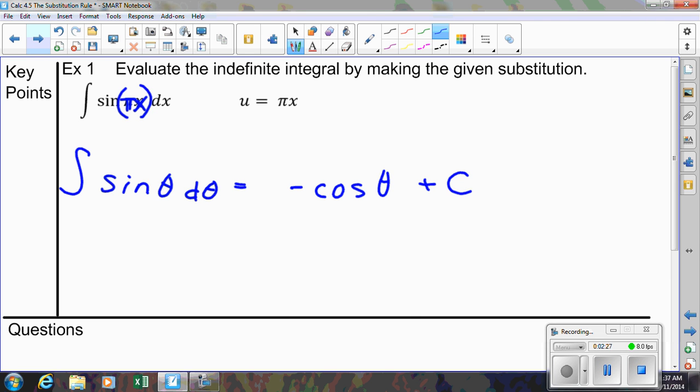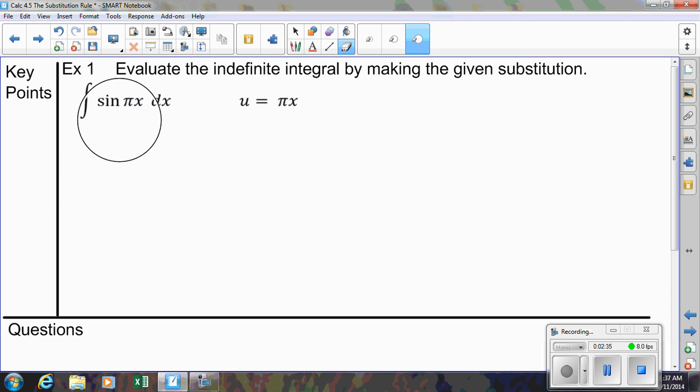But this is heavily based on the idea that it's just a plain variable. We don't have that. That's where u-substitution comes into play. Let u be equal to pi x. That way it's going to be just sine of u.